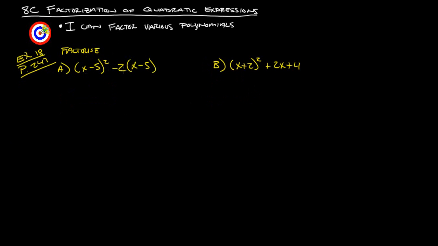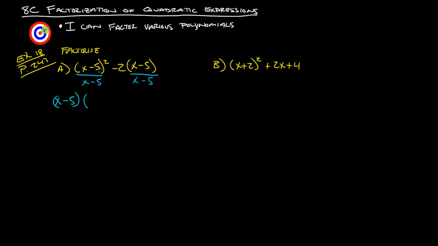Factorize (x minus 5) squared minus 2 times (x minus 5). This is kind of a weird looking one, but both terms actually have a factor of x minus 5. So I'm going to pull an x minus 5 out of both of these. Both can be divided by x minus 5, so I pull the x minus 5 out front.